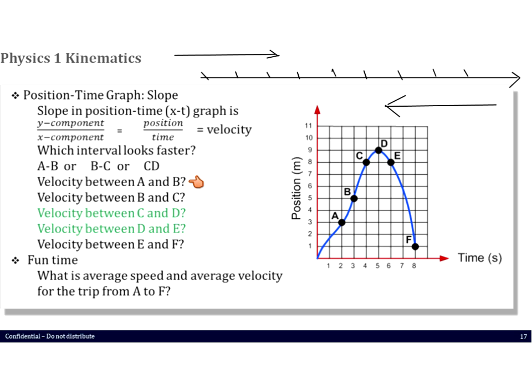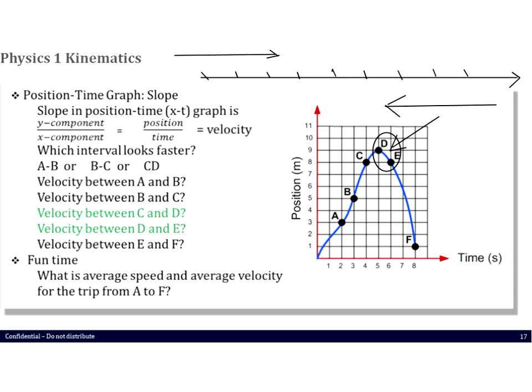And what is the displacement from D to E? No, D to E. Let me encircle that. This is what I'm asking. D to E. So what is the displacement from D to E?